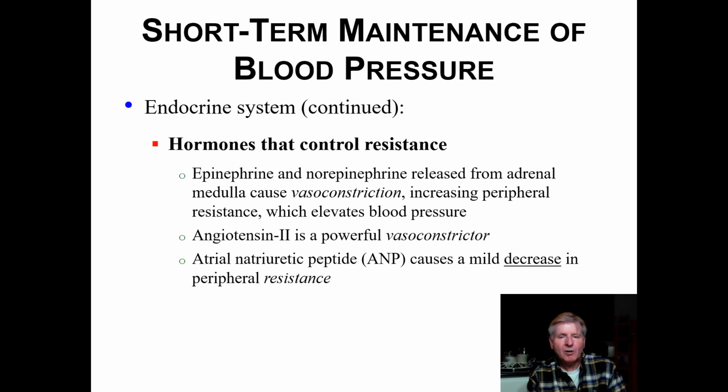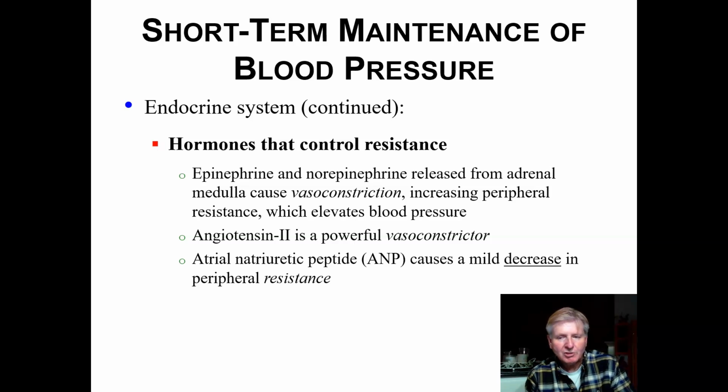Epinephrine and norepinephrine, released from the adrenal medulla, cause vasoconstriction, which increases peripheral resistance, which thus elevates blood pressure. Angiotensin II is a powerful vasoconstrictor. ANP stands for atrial natriuretic peptide, which causes a mild decrease in peripheral resistance, as well as causing sodium and water excretion by the kidneys.